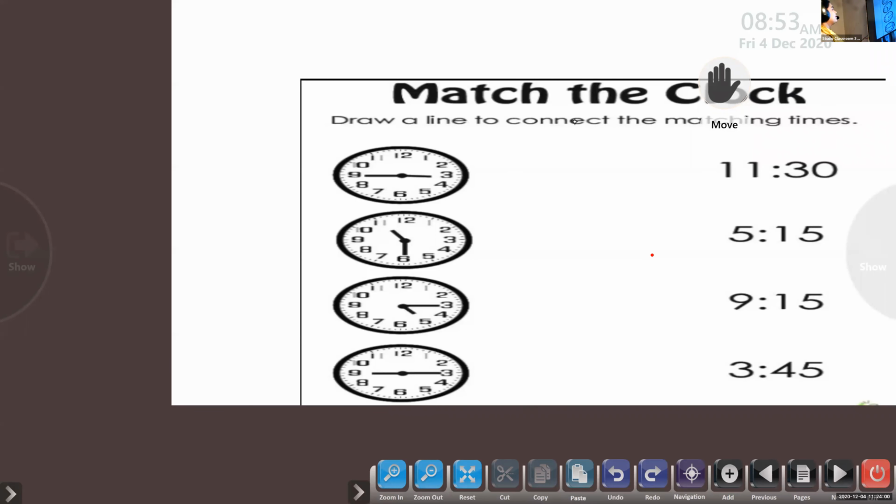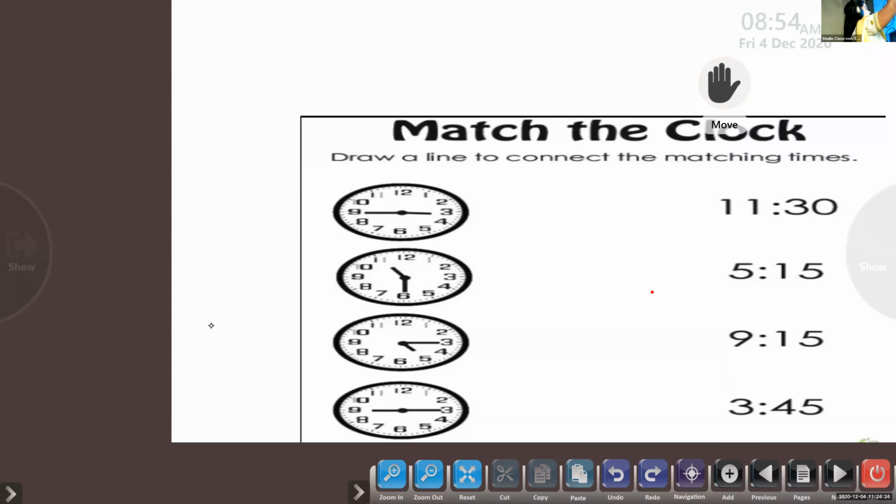Okay. Now, yes, Arthur, unmute. For the first clock, the position of our hand is between 3 and 4. So how many hours? 3 hours.